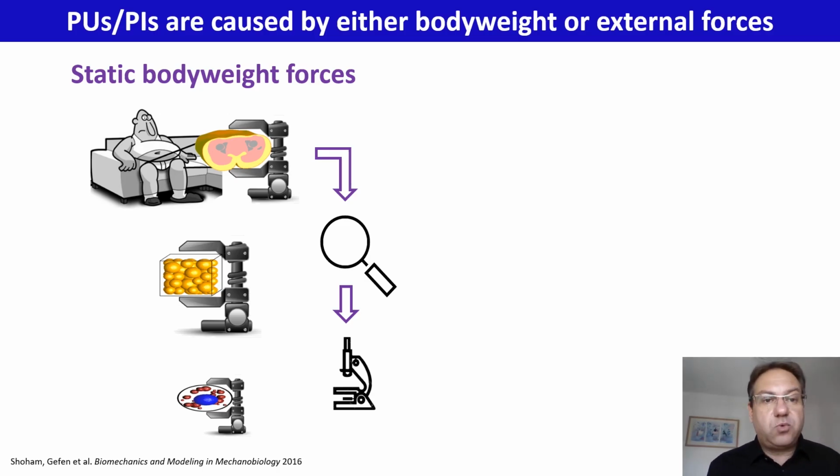It can be static body weight forces that deform and distort tissues, but not only tissues, but also everything that is contained within tissues, including the basic living unit in the human body, which is the cell. So cells are distorted, cells are deformed, and everything within the cells is also deformed by body weight forces. The cell organelles are distorted, and that distortion eventually, after a certain period of time, starts to affect their biological function.